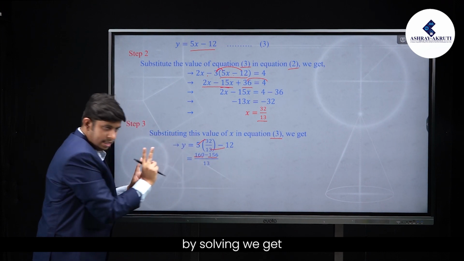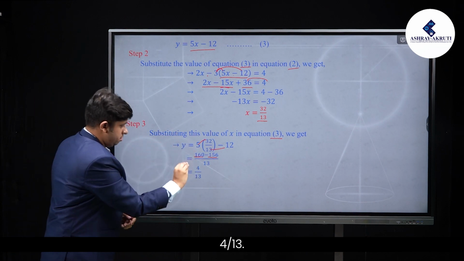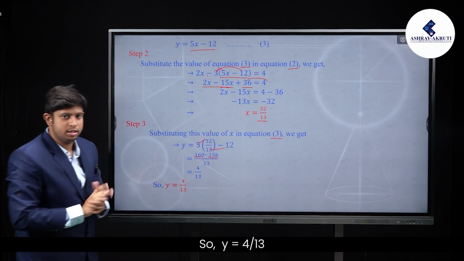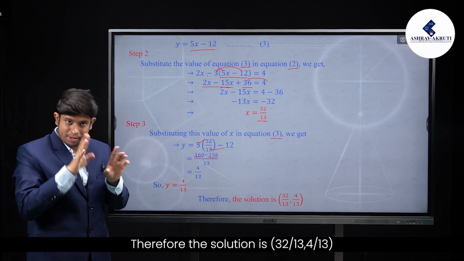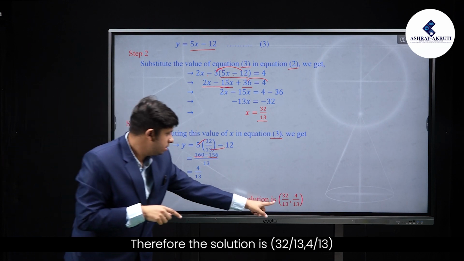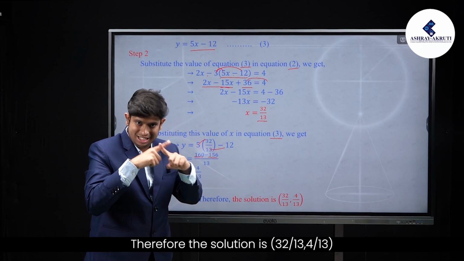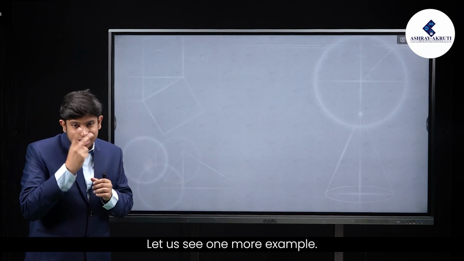By solving, we get 4 by 13. So, y equal to 4 by 13. Therefore, the solution is 32 by 13, comma 4 by 13. Let us see one more example.